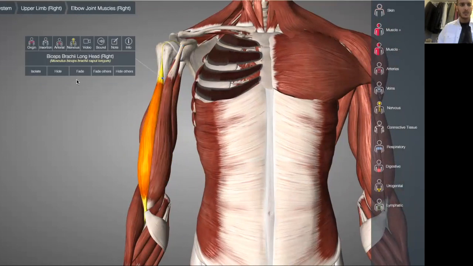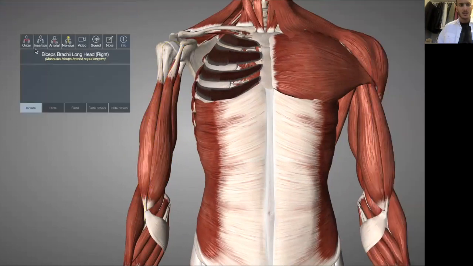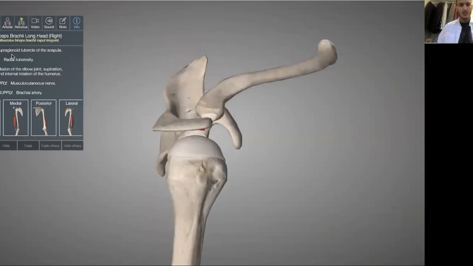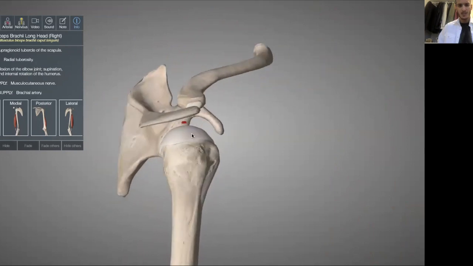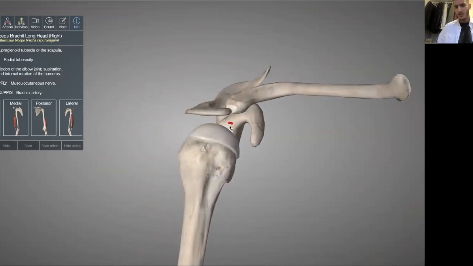The long head of the biceps, the origin is the supraglenoid tubercle of the scapula. You see that right there, superior to the glenoid cavity. Insertion is the radial tuberosity, same as the short head. Action, flexion as well. Nerve supply, musculocutaneous nerve, and the arterial supply, brachial artery.